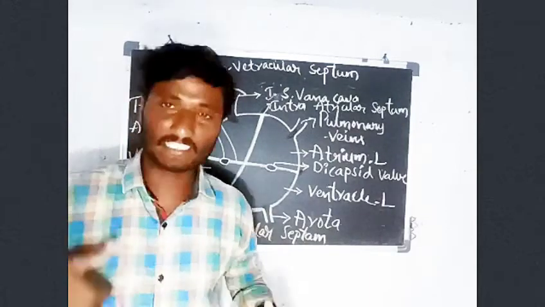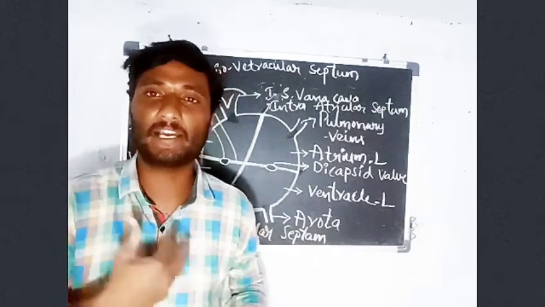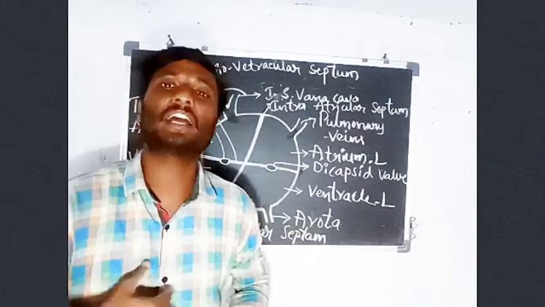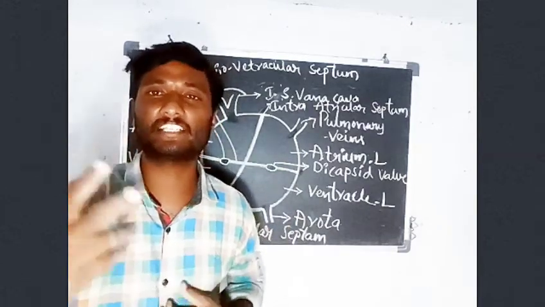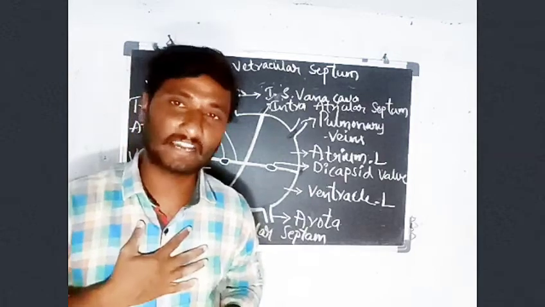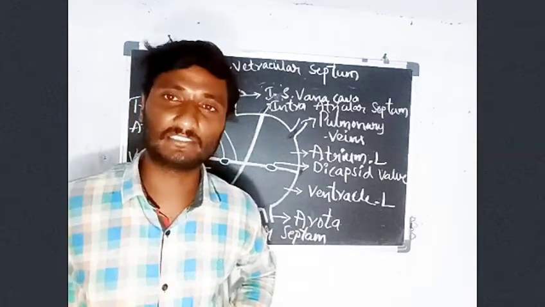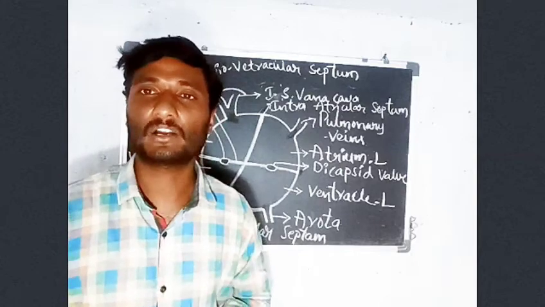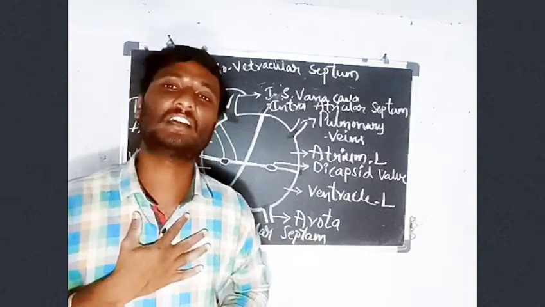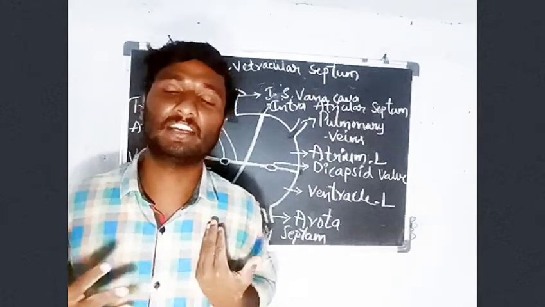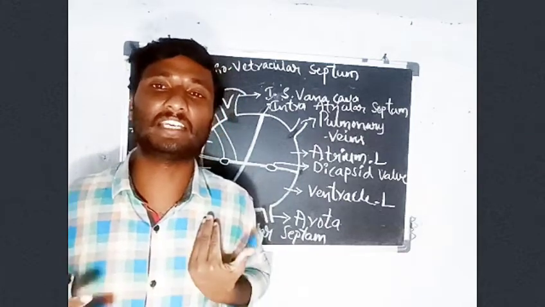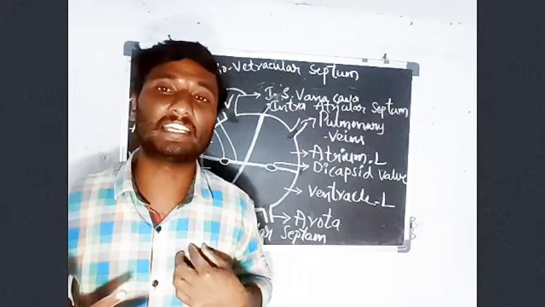It is not just the chest part, it is nothing but the thoracic cavity. In our human body, two cavities are there: thoracic cavity and abdomen cavity. The heart is located in the left side of the thoracic cavity.